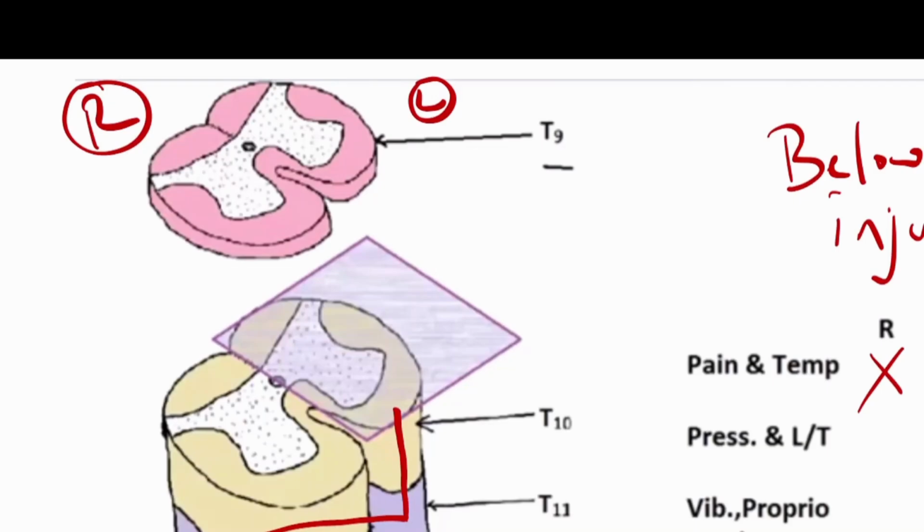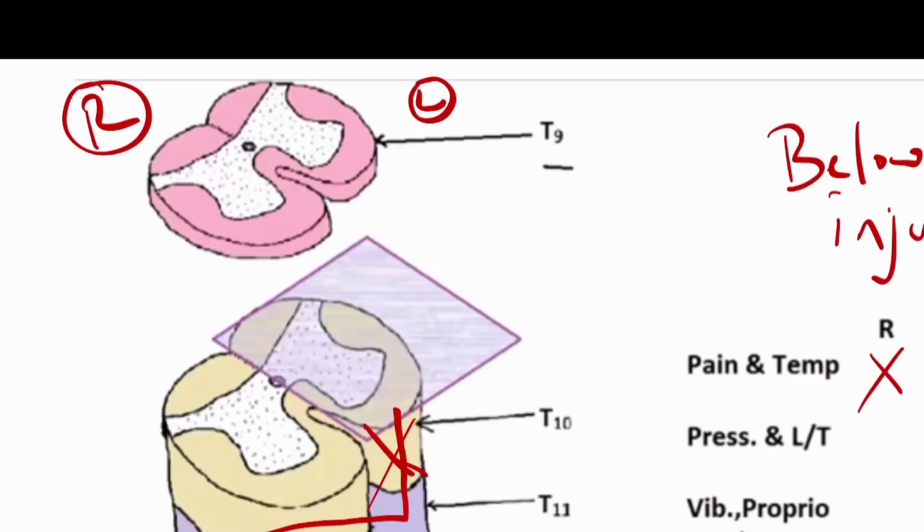But as it goes up, it can't get above it because T10 is damaged. It can't go up. It stops right there. So we lose that sensation. What about below the injury on the left leg? Yes, you can get those just fine.